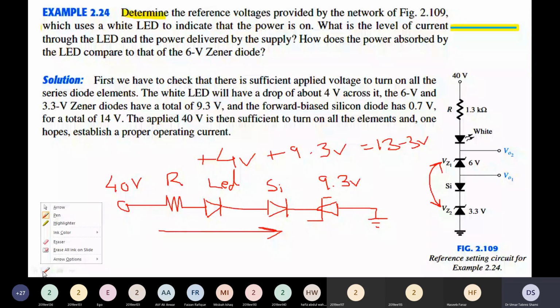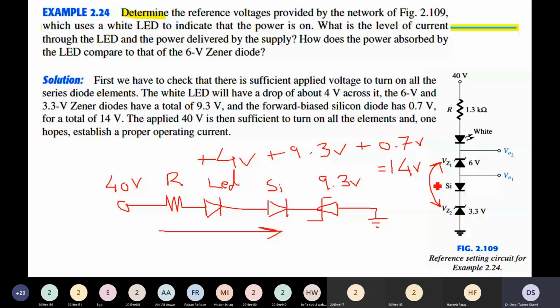Plus the 0.7 volt of the silicon diode, which gives a grand total of 14 volts. Since we are giving 40 volts, which is larger than 14 volts, yes, our LED will be turned on.